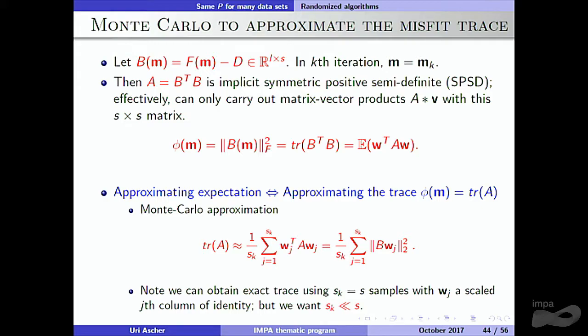Then you have 4,000 PDE solutions. What we are trying to do is not do that. If you only evaluate A times a vector, assume you don't have A, then this is only one PDE solve. And so if this number S sub k is much smaller than S, then we are ahead.